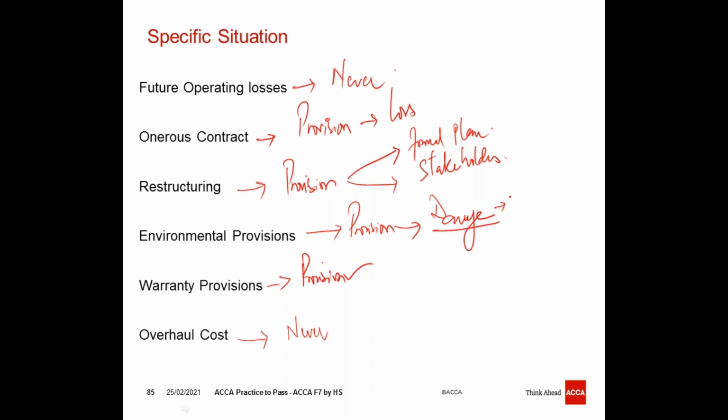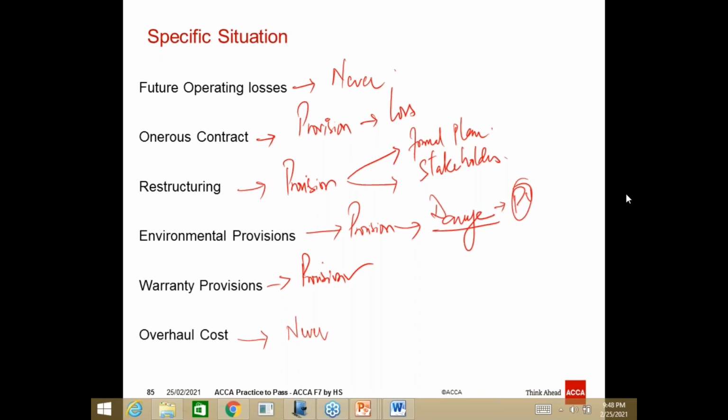If it is a long-term damage, it should be recognized at the present value. So these are the cases for IAS 37 provisions. Onerous contracts means unavoidable loss-making contracts. Overhaul means major maintenance cost in which we usually upgrade our machines.